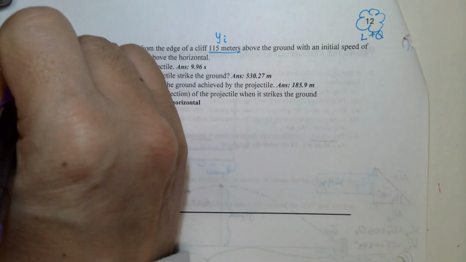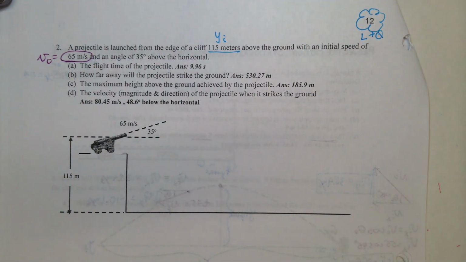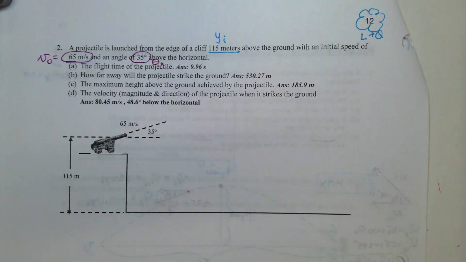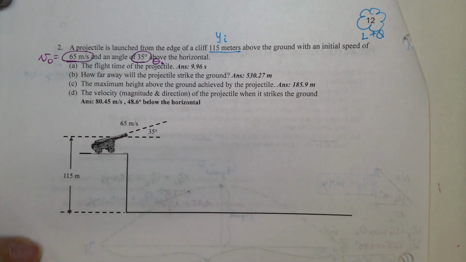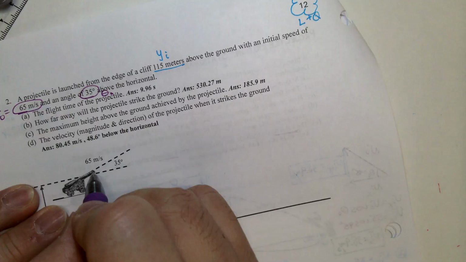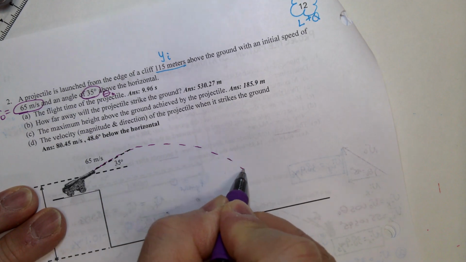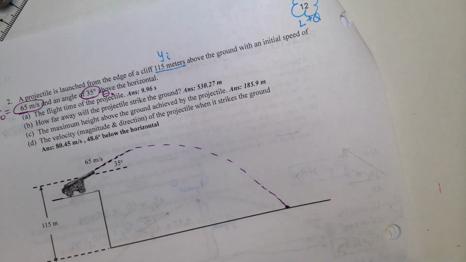So this looks like my v naught, my launch velocity or initial velocity, at an angle of 35 degrees. That's my theta naught above the horizontal. So right there in one sentence gives us a lot of information. Most likely this cannonball is going to go parabolically as such, and then land somewhere on the ground here.